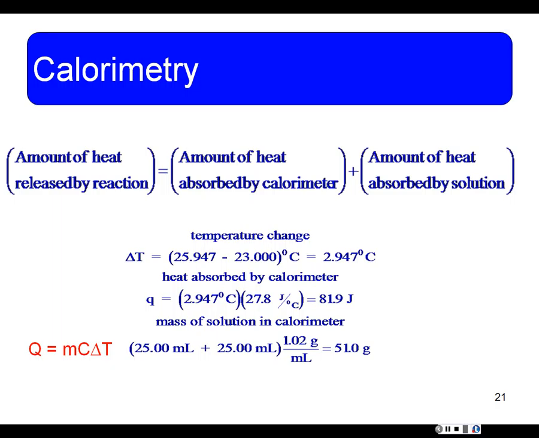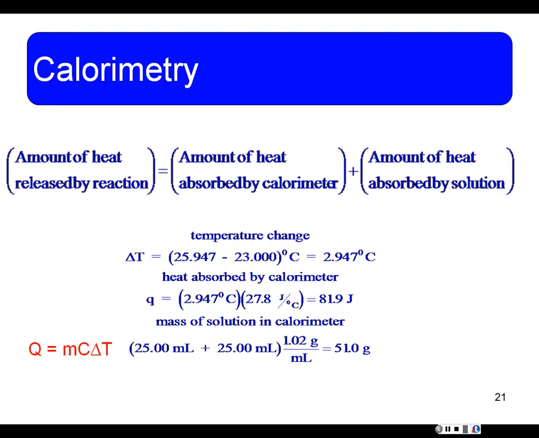Now we have to find the amount of heat absorbed by the solution. So we're going to use our Q equals MC change of T here. But we have to get to grams, because we've got mass. You can't just plug in 25 or 50 milliliters. So you take both of the volumes for your acid and your base, both of which were 25, so that gives you 50.